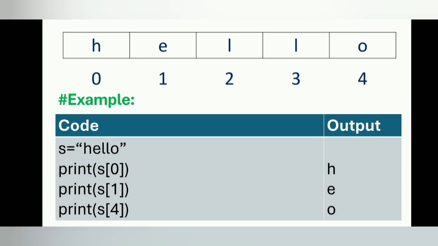Similarly, print s[1] will display the second character in the string, that is e. And print s[4] will display the fifth character in the string, that is o. So we can access a specific character in the string by specifying its index within square brackets with the string name.